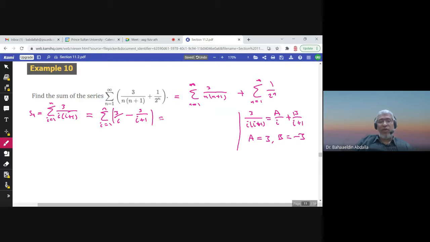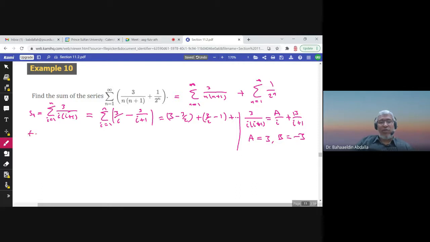If you now write the first two terms: if you replace i by 1, 3 minus 3 over 2, this is the first term, plus, if you replace i by 2, 3 over 2 minus 3 over 3, or 1, plus, and so on. These are the first two terms.